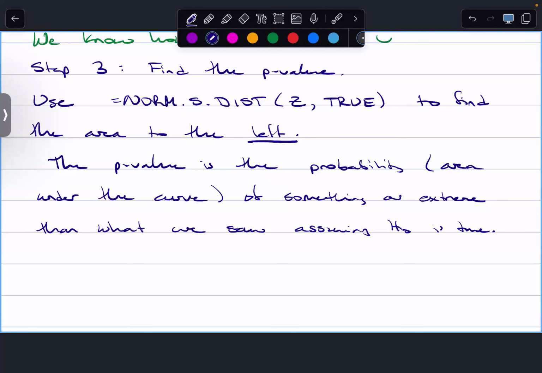I'll post it. Yeah, exactly. So then it'll show you how this NORM.S.DIST works. Oh, okay. Yeah. I think I make you use it a lot, kind of leading up to this stuff because we need it to find the p-values.